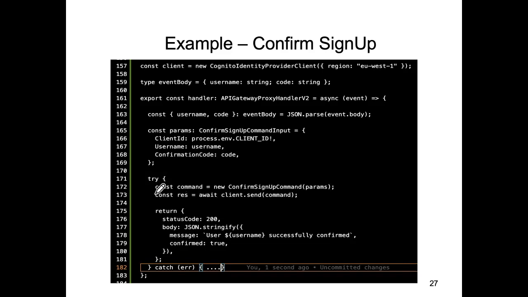It may throw an exception. It shouldn't. It would only throw an exception if, for example, the code that I had included here was incorrect. Then this would throw an exception, and it would skip over that, and the catch block would deal with the exception and essentially send an error message back to our React client.